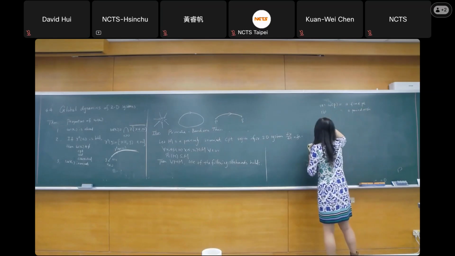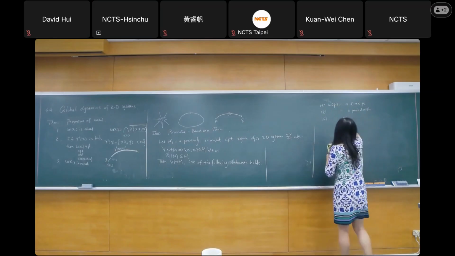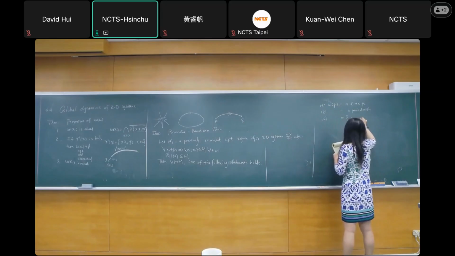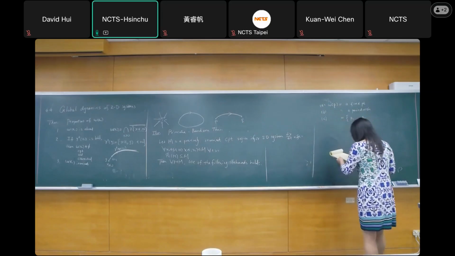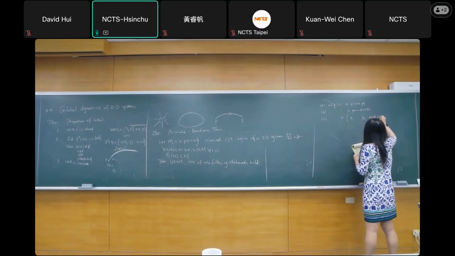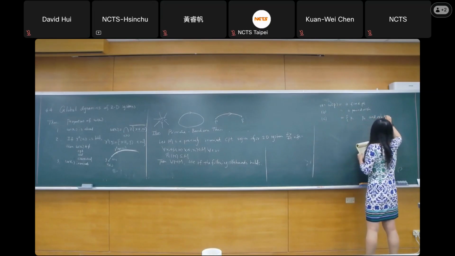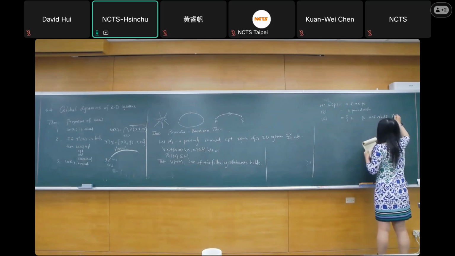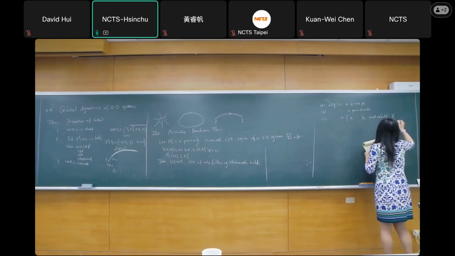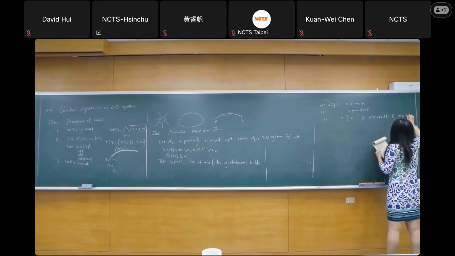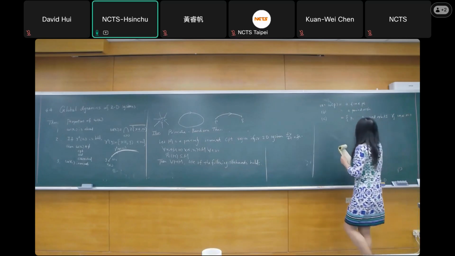Or it consists of a finite number of points and orbits. For each of the orbits, let's call them gamma j, for j from 1 to n minus 1.